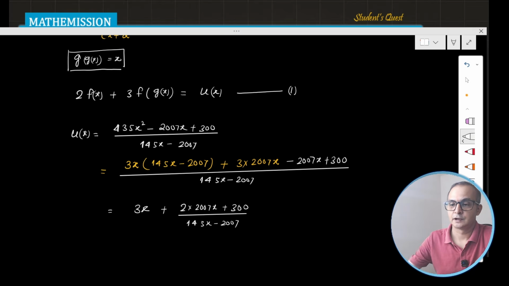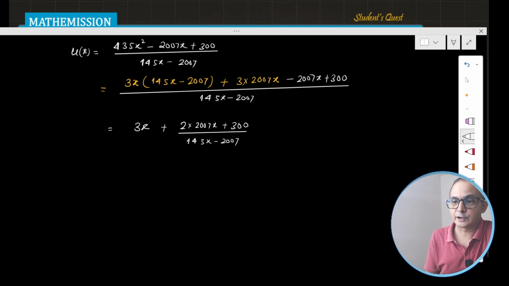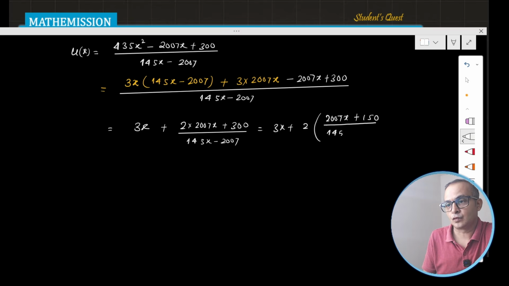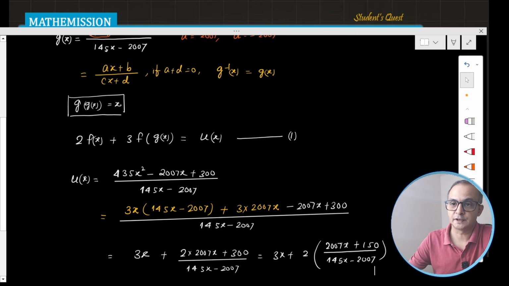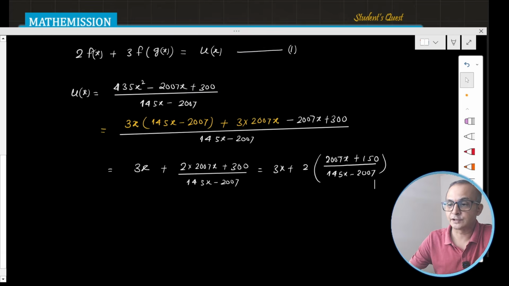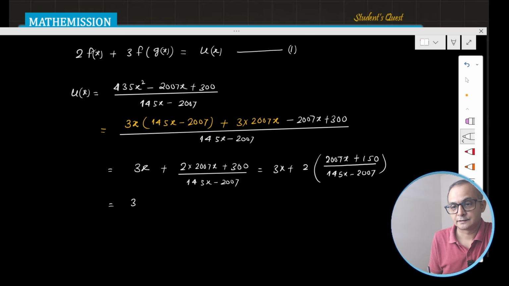Now we can take 2 common, so I can write it as 3x plus twice of (2007x plus 150) divided by (145x minus 2007). Notice this is exactly the g(x) we assumed in the beginning. So I can write u(x) as 3x plus 2g(x).